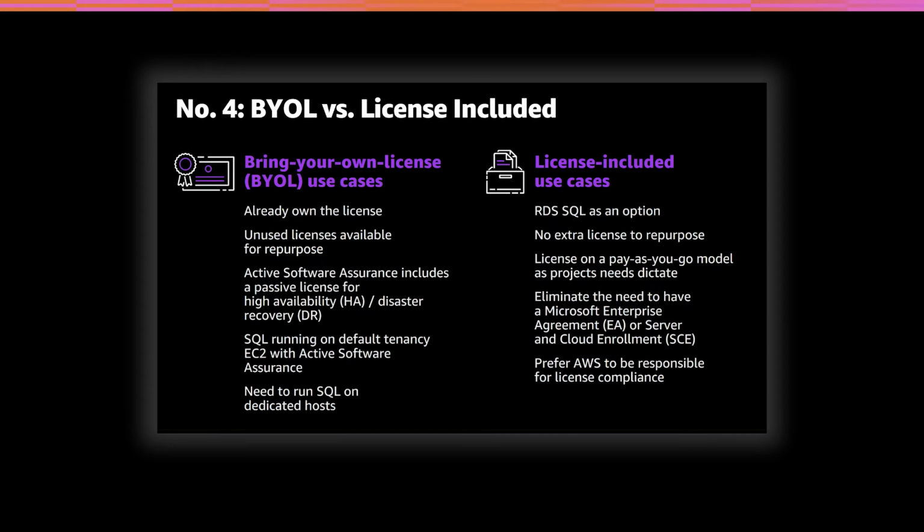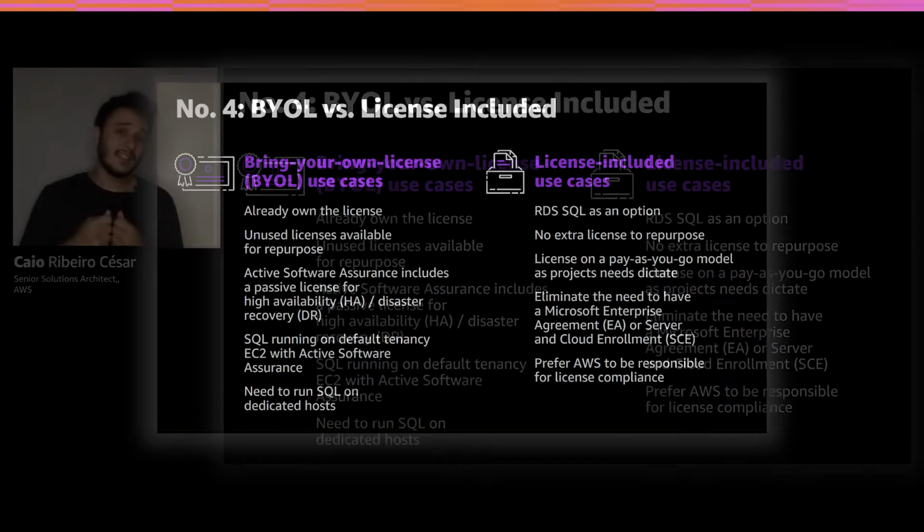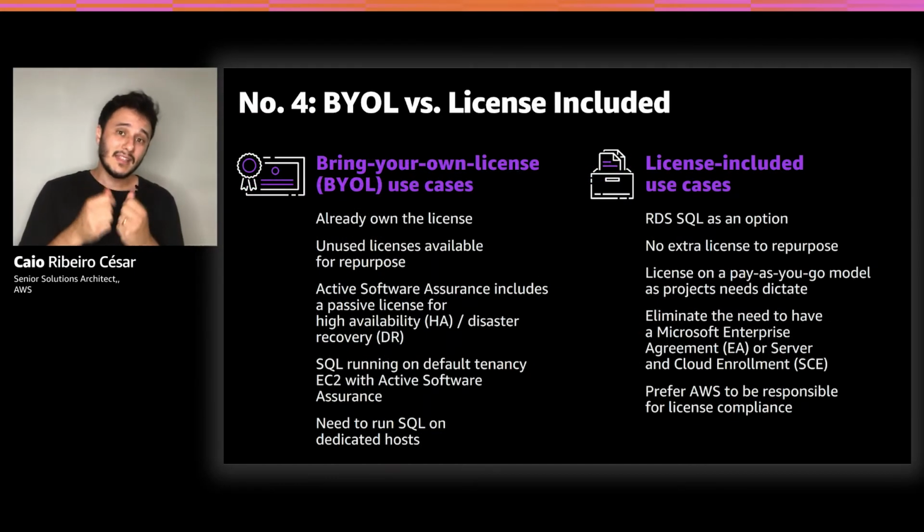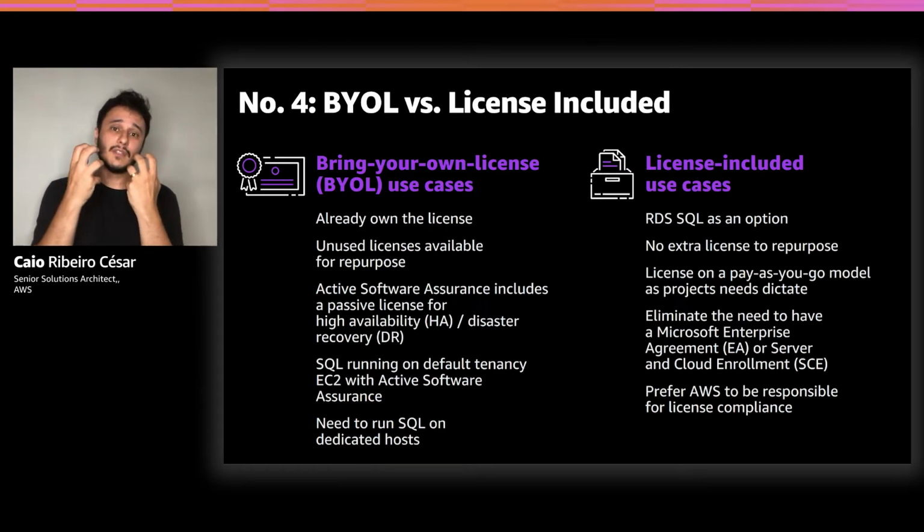That means that you can bring your SQL servers in any tenancy, either dedicated host or shared tenancy, and you also have the passive node benefit, which means that if you have an active server and a passive server, you do not need to license this passive server because you have the software assurance passive node benefit.